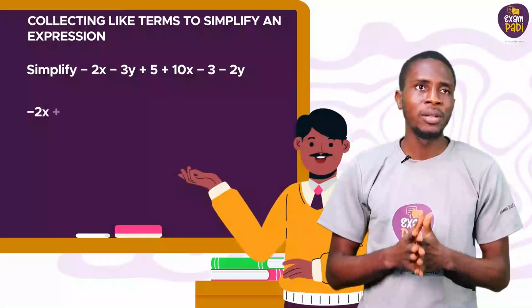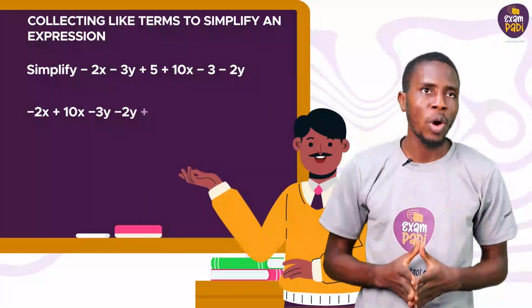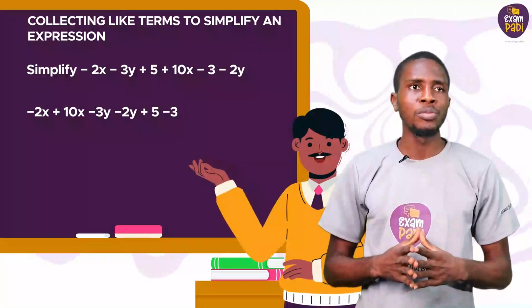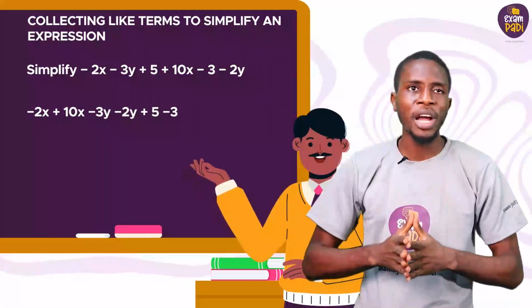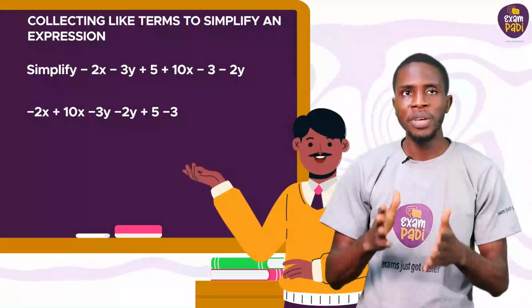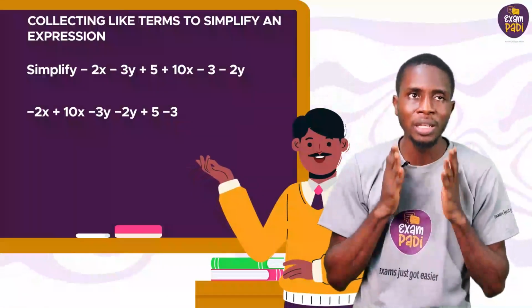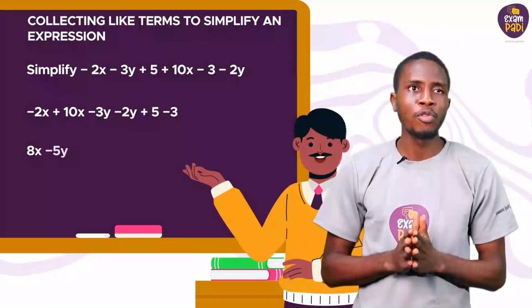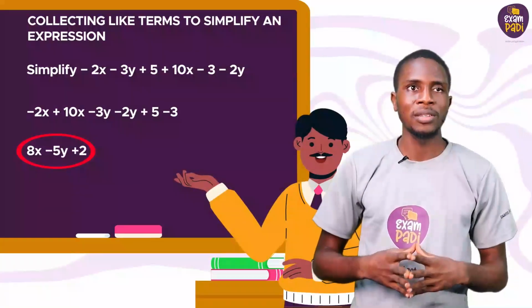Minus 2x plus 10x minus 3y minus 2y plus 5 minus 3. Step 2. Add or subtract the like terms and give the simplified expression. Pay special attention to the signs of the coefficient, especially subtraction sign. 8x minus 5y plus 2 after the normal arithmetic.